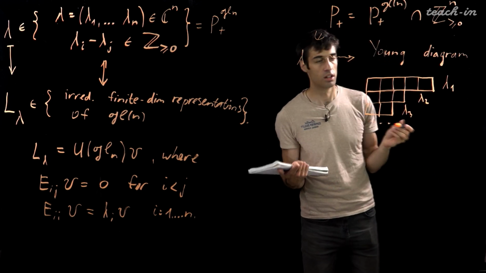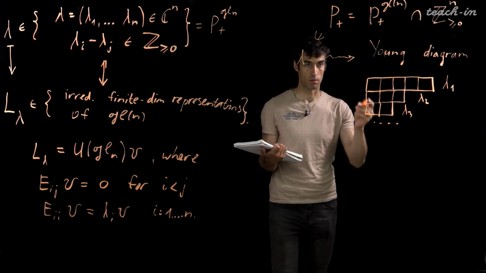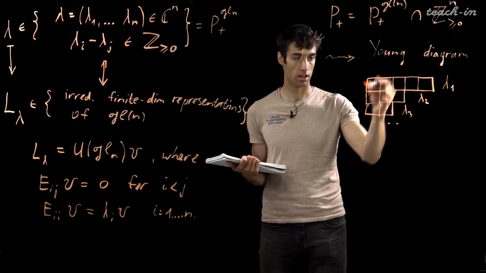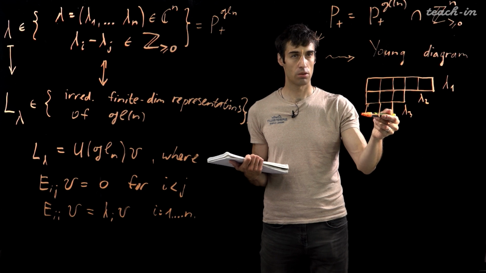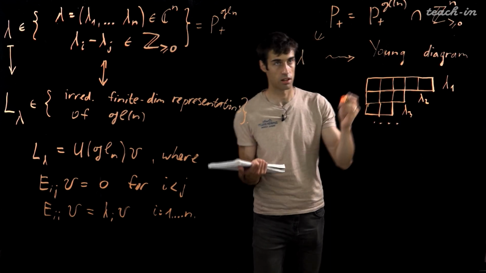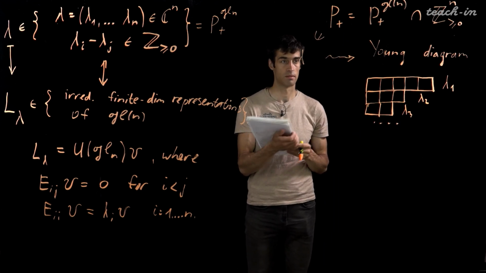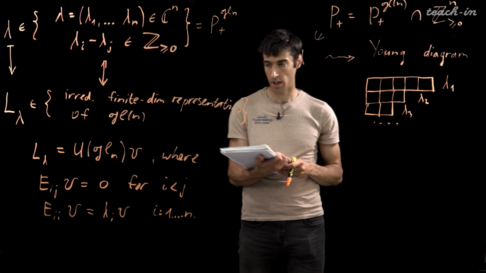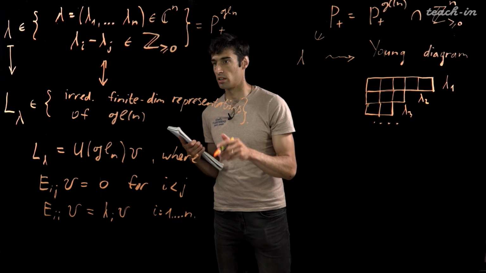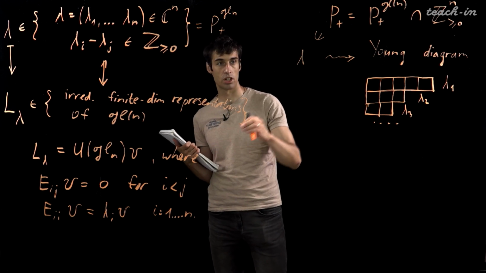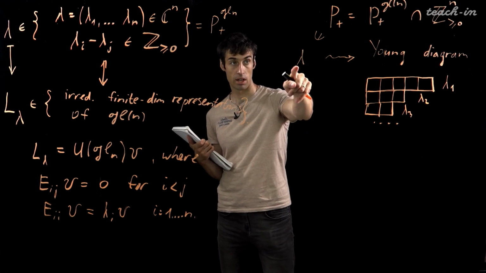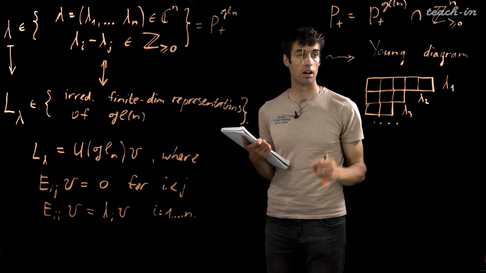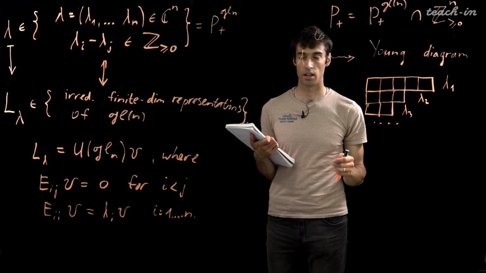So this is called a Young diagram. Of course, if I have a Young diagram with at most n rows, I can consider the corresponding element of P plus. And so actually irreducible finite-dimensional representations labeled by lambda from P plus are also labeled by Young diagrams with at most n rows.